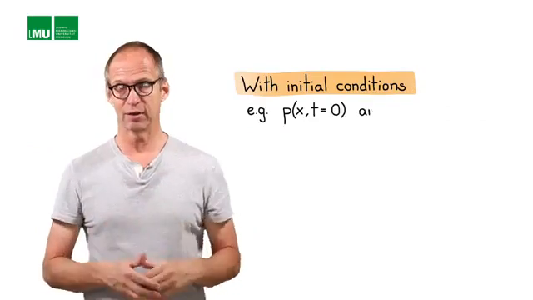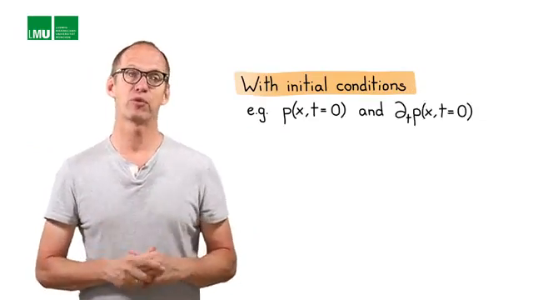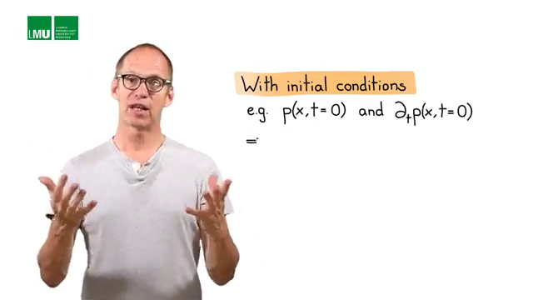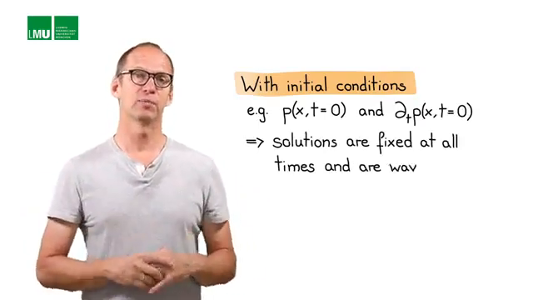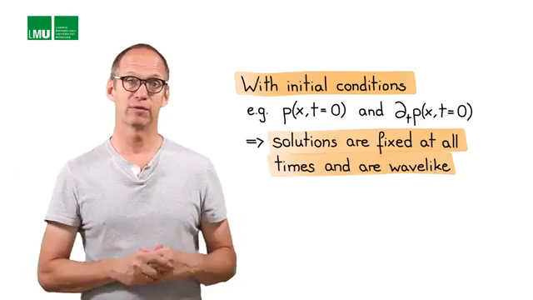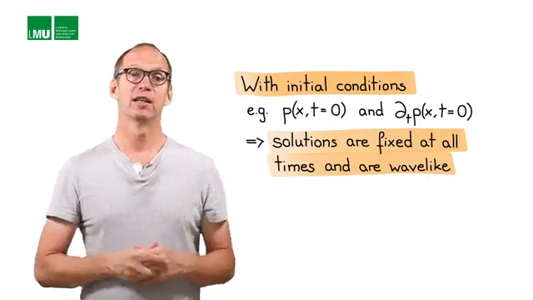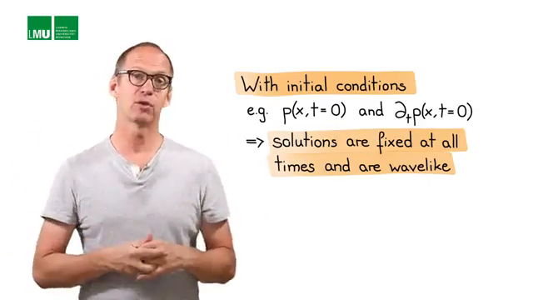Given initial conditions for pressure, or actually the time derivative of the pressure, the solution is actually determined for all times, and it's going to be probably wave-like functions that are propagating away from any source or superimposing each other.